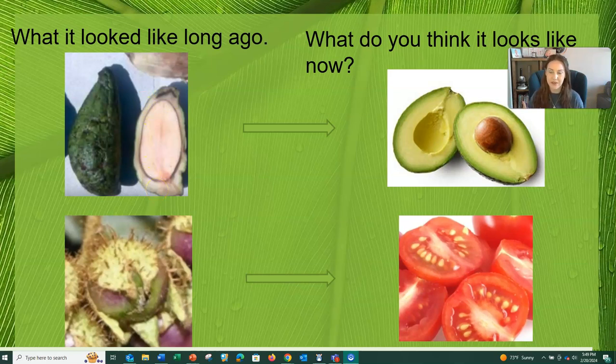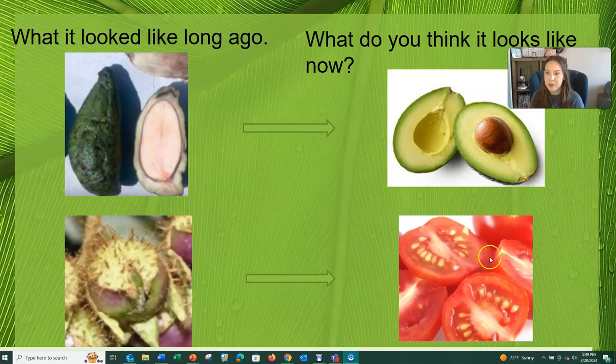When people take the avocados and we find the one that has more fruit, less pit, we find that one. We find another one like it, we start breeding, for lack of a better word, the avocados. Then eventually, most avocados are going to start looking like this. We've genetically modified the process of reproduction for these avocados to get something that's more desirable for us.